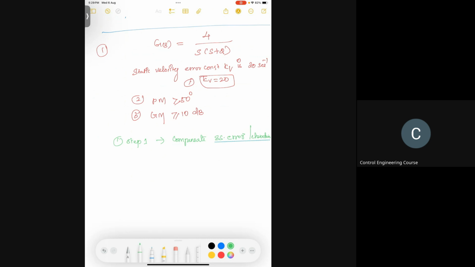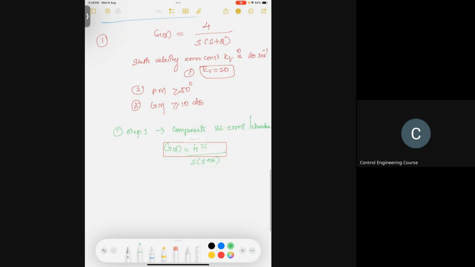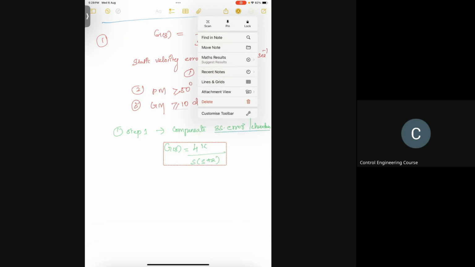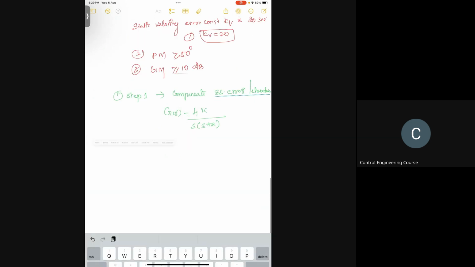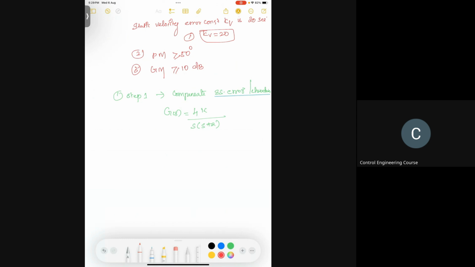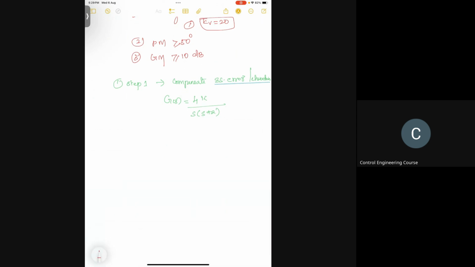Sometimes it's very rare, I know, but we will just start off with that so that it won't be hard at the later steps. Okay, first, just rewrite the system by adding the gain also. With the given specification, we are going to derive the K value. For Kv, the expectation is 20.